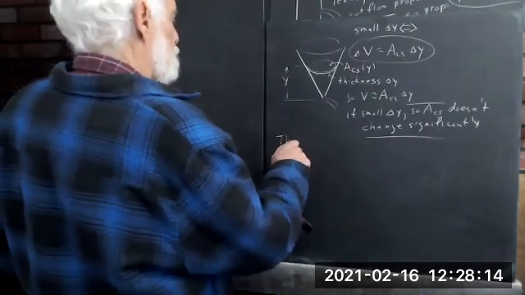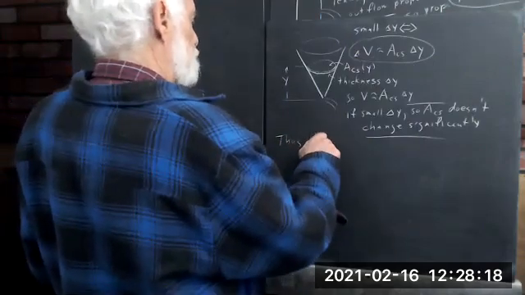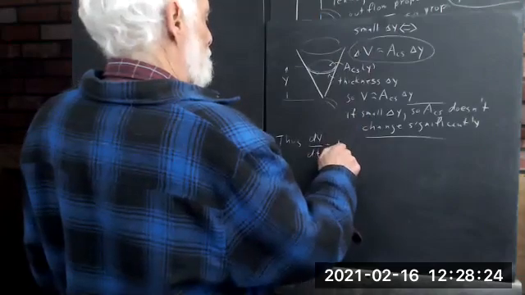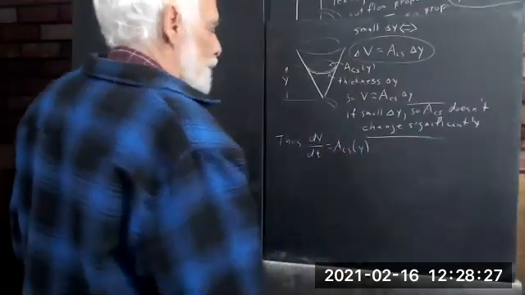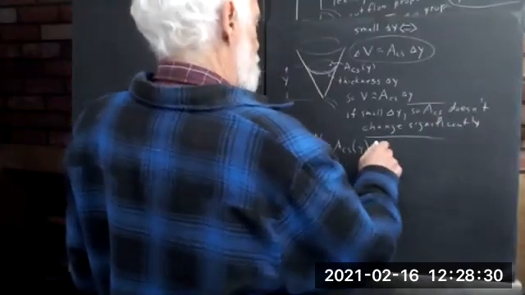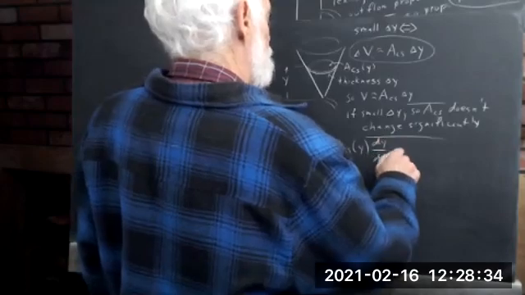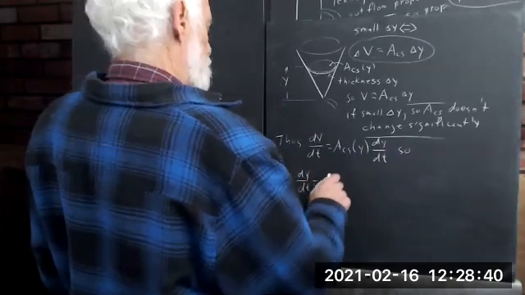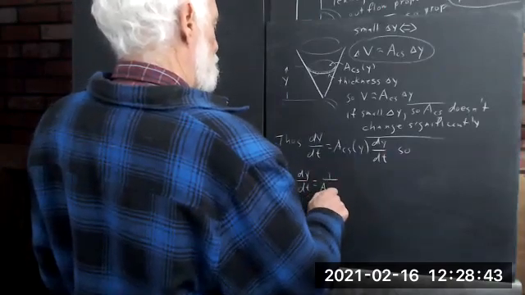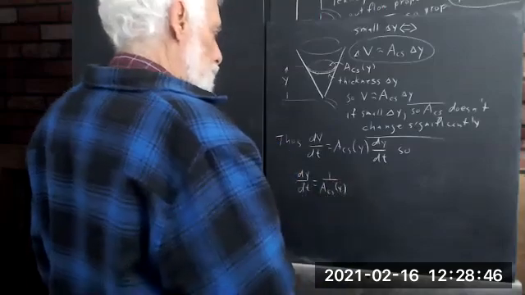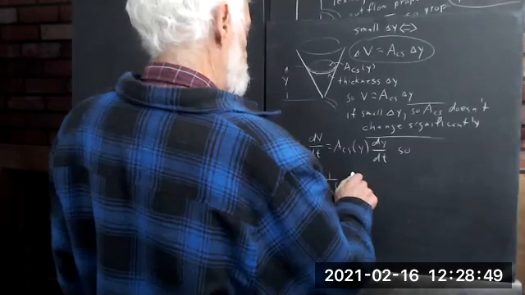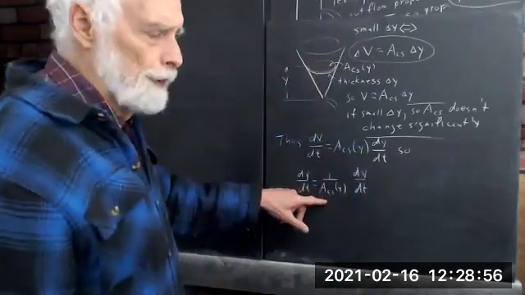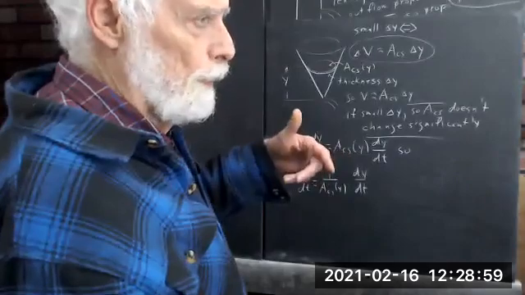Thus, a small step in dV/dt, the rate at which the volume changes, is equal to cross-sectional area at y times dy/dt. So dy/dt is the reciprocal of cross-sectional area at y times dV/dt. Cross-sectional area at y is proportional to y squared.